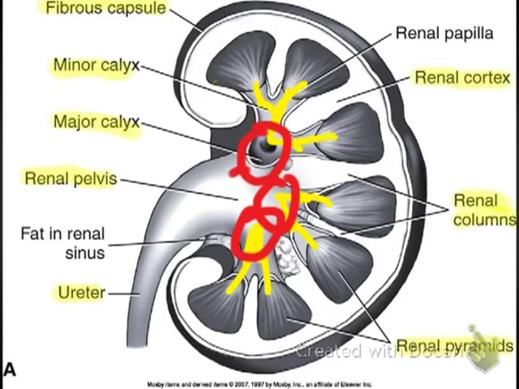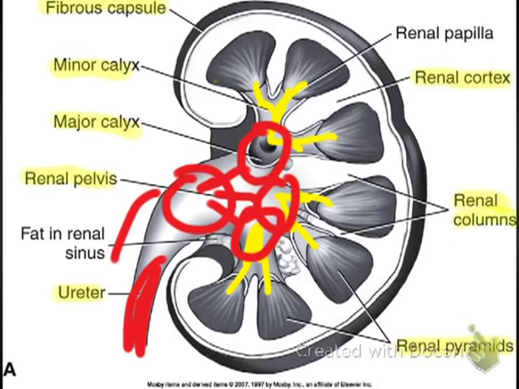And if we notice, they all are running inward to form the renal pelvis. As we get to the renal pelvis, we also see that we have the ureter. So at the joining of the ureter and the renal pelvis, we have the UPJ here. So hopefully that allows you to make a little more sense.